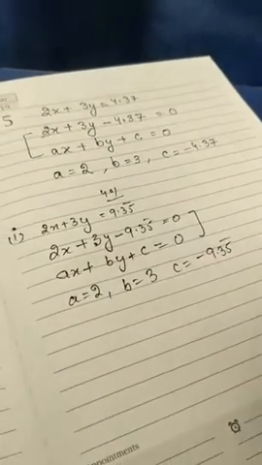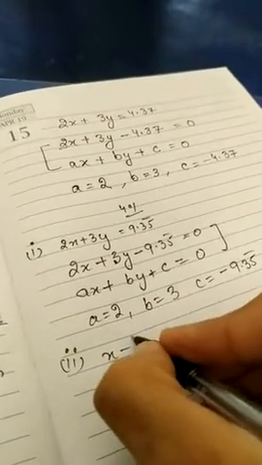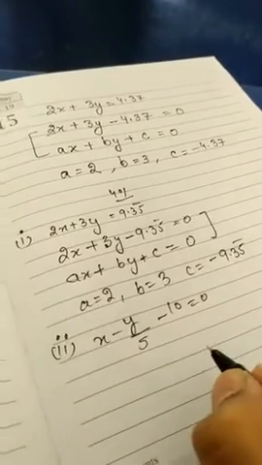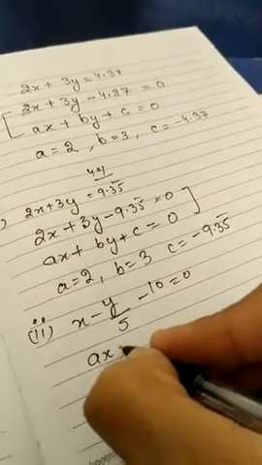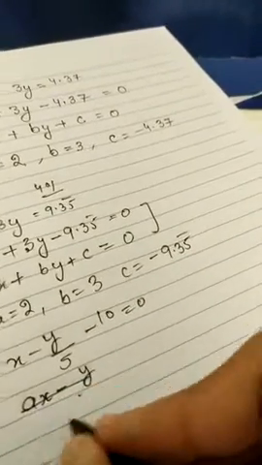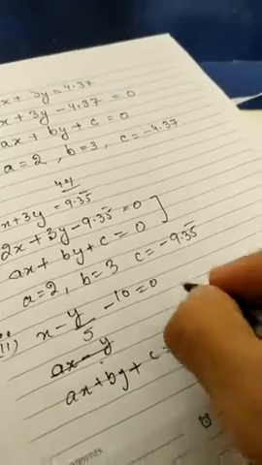9.35. Similarly, its second sum is x minus y by 5 minus 10 is equal to 0. Now write the general form of a linear equation in two variables, ax plus by plus c is equal to 0. Now compare these two.